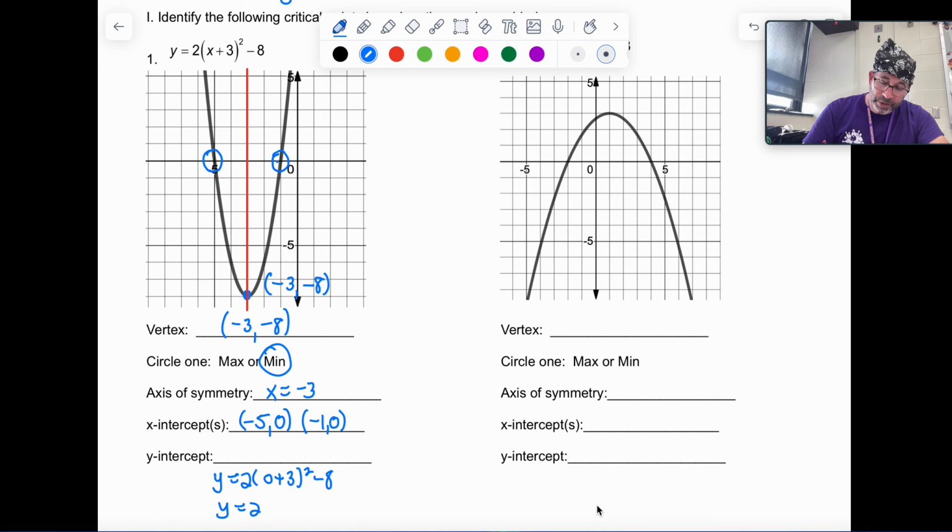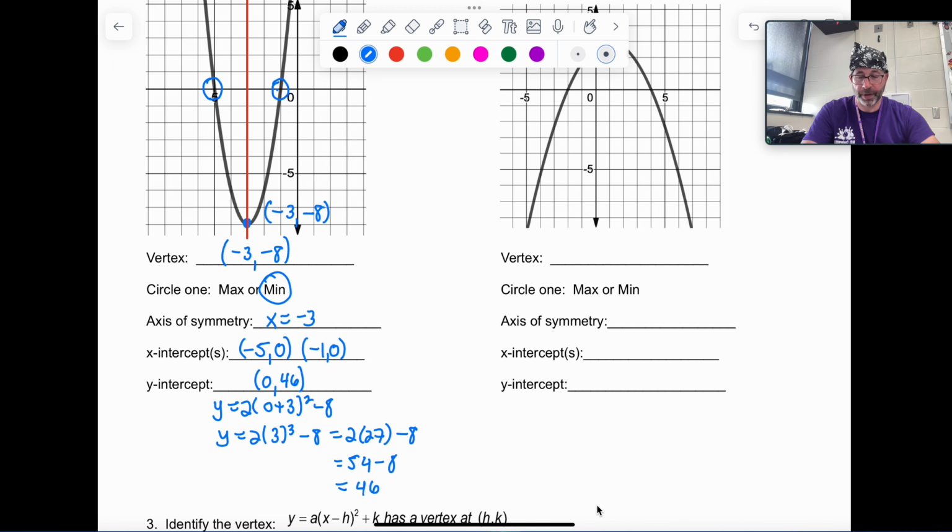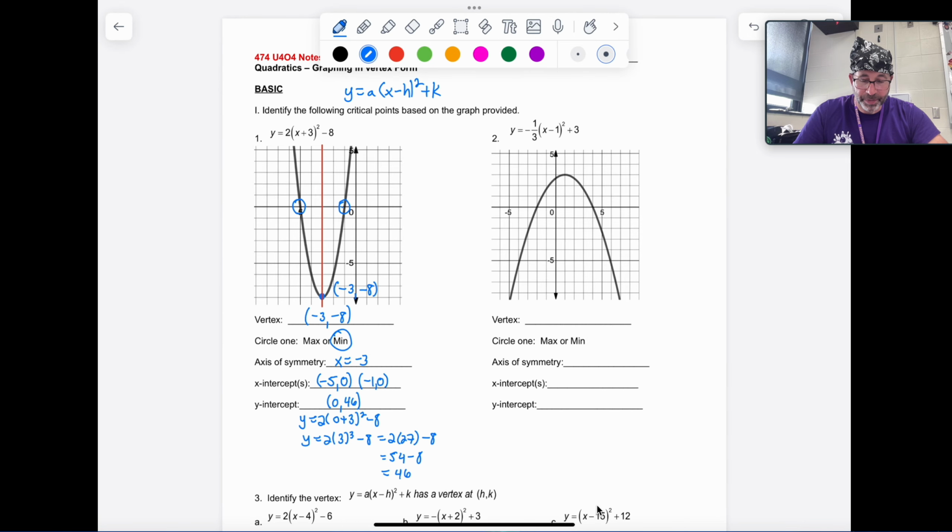So we have 2 times 3 squared minus 8, which is 2 times 27 minus 8, that's pretty big, which is going to equal 54 minus 8, which will be 46. So we'll be at 0, 46. Okay, that's way up there.